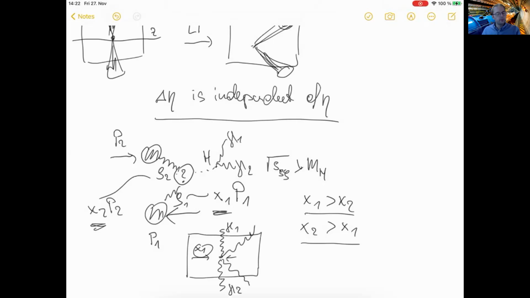They would be boosted towards the more forward momentum, towards the more forward detector component. But I know that the angular difference induced by the boost, the amount in the lab frame by which the particle is boosted, is constant if I use eta.